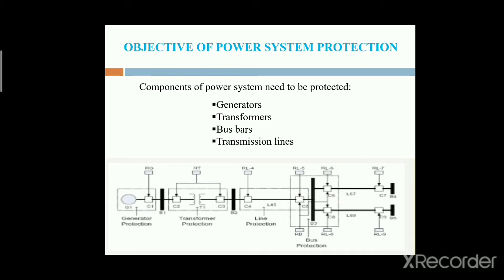These are all costly equipment in a power system, which is why we give separate protection for these components: the generators, transformers, bus bars, and also the transmission lines.